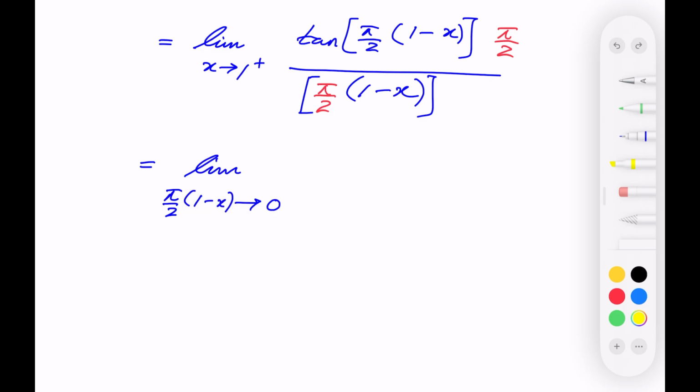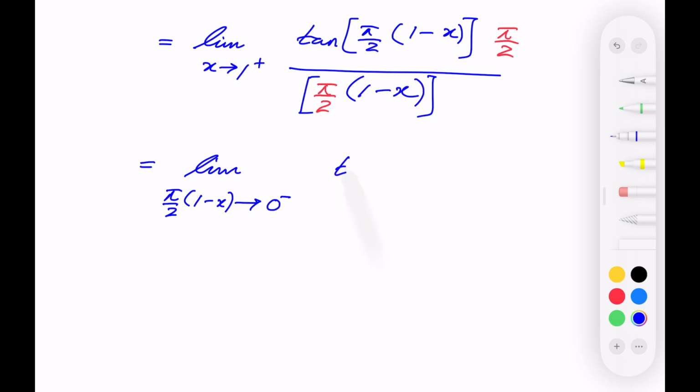That times pi over 2 should also still be negative. Therefore, pi over 2 times 1 minus x actually approaches 0 from the left hand side. Those tiny details may not be super important if you are in an entry-level calculus class. Anyways, let me go ahead and solve this problem.